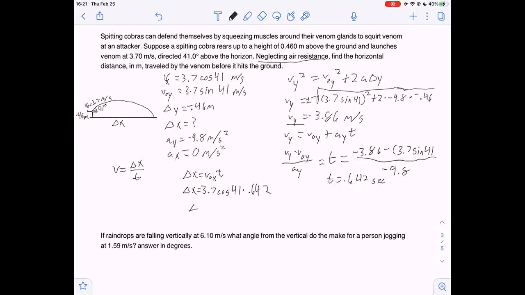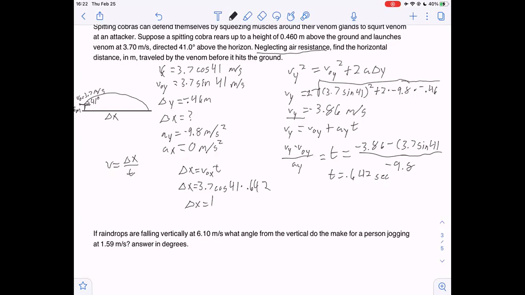Which gives us delta x is equal to what? 1.79 meters.